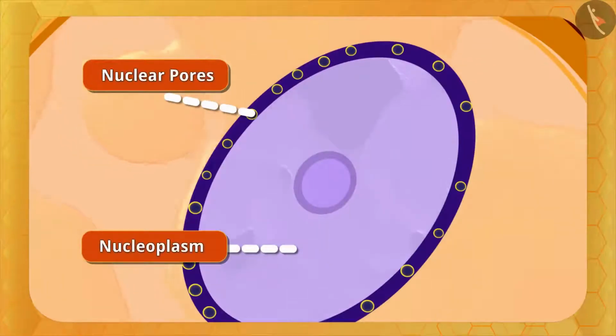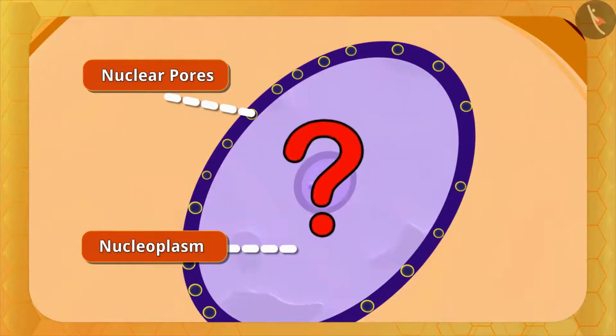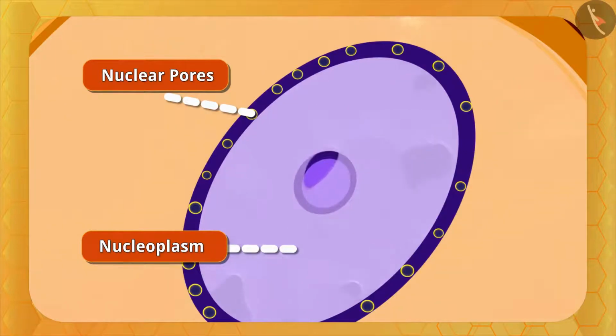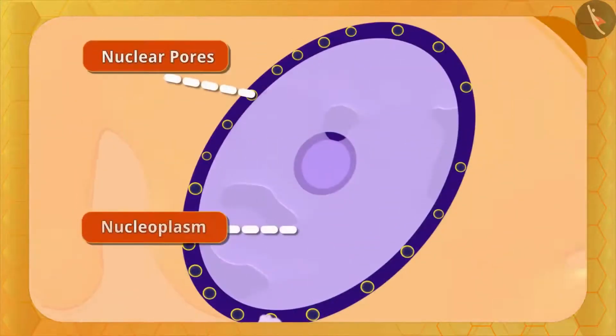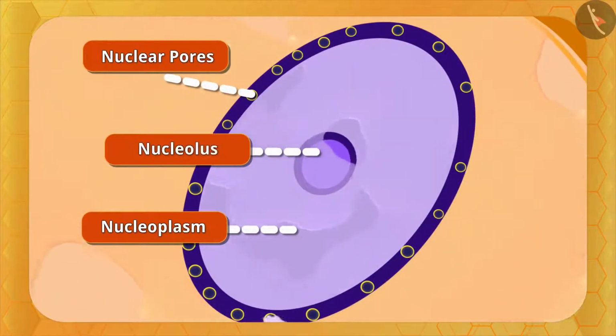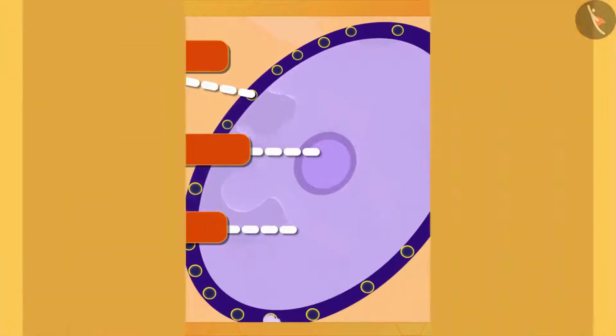Now, do these nuclear pores allow the passage of nucleoplasm into cytoplasm? What do you think? Well, yes, it does, and the nucleus and the cytoplasm together are called protoplasm. Apart from this, you can also notice a spherical part in the center of the nucleus, which is called nucleolus.